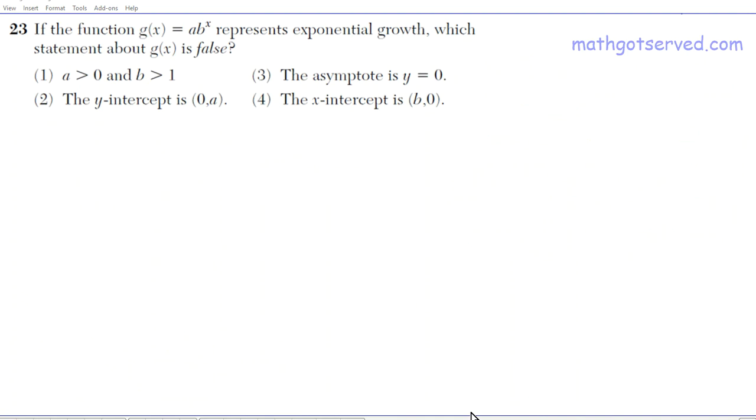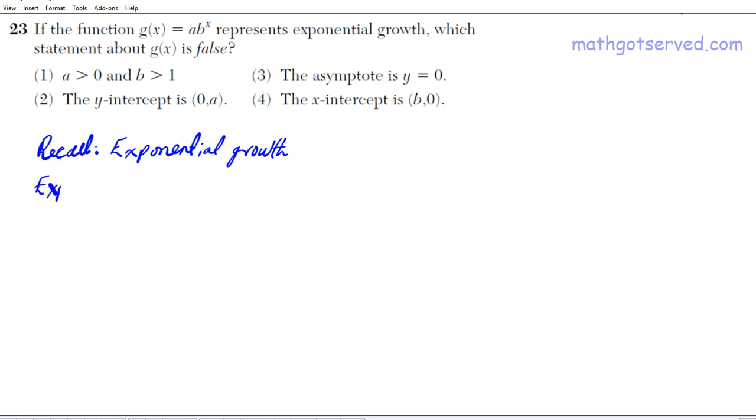Alright, let's take a look at question 23. It reads, if the function g of x equals a times b to the x represents exponential growth, which statement about g of x is false? Okay, so one thing you want to remember about exponential growth functions is that they are always increasing.